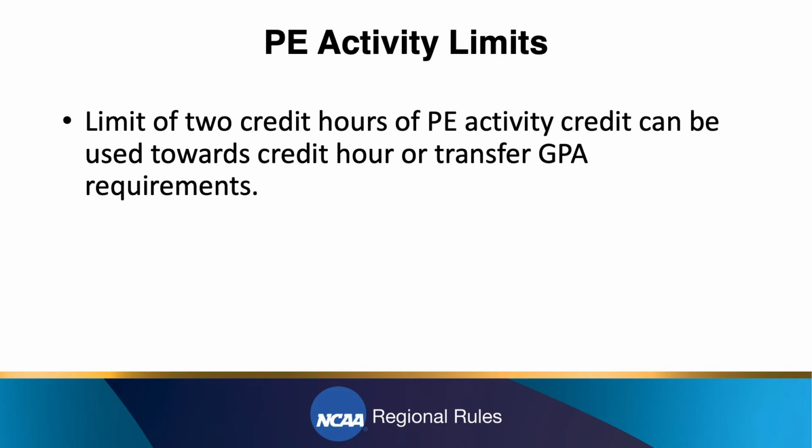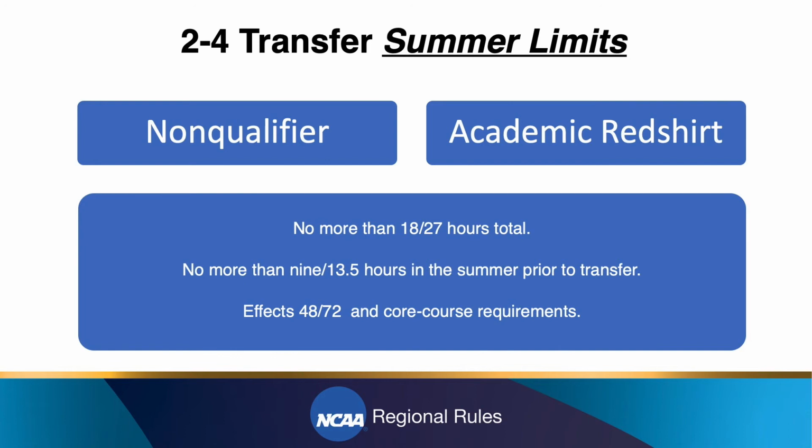One common mistake when calculating transfer GPA is to calculate the number of courses as opposed to the number of hours. Please keep in mind that transfer student athletes are limited to 2 credit hours of PE activity credit, not 2 courses.